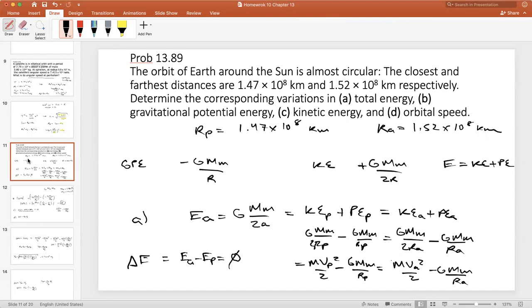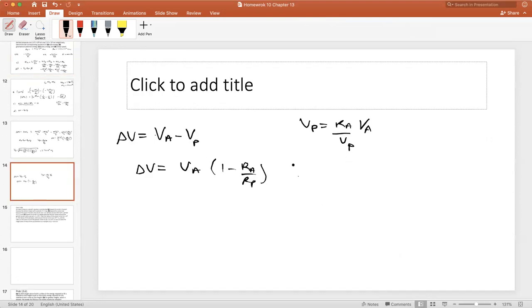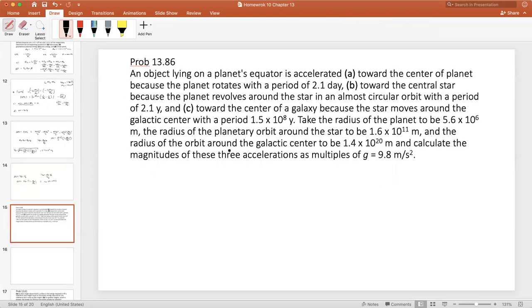So about 0.03. So this ends up being about VA times 0.034 or something with a negative sign. You're going to get a negative number. If I multiply that by 2.95 times 10 to the 4th, I get about 1 times 10 to the 3rd, which is fine. Just a bunch of math on that one. Nothing major. Just a bit of a pain. Okay. All right. Let's move on.